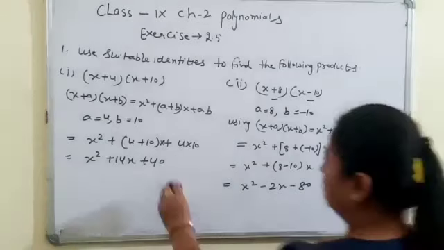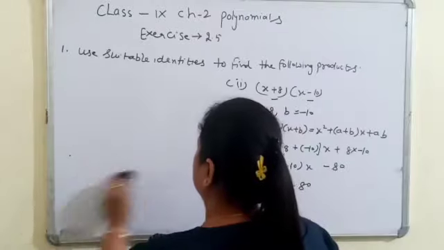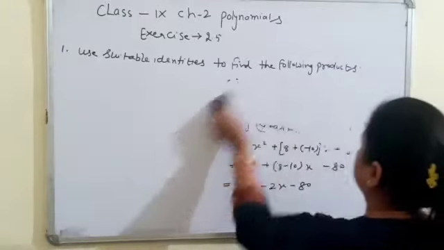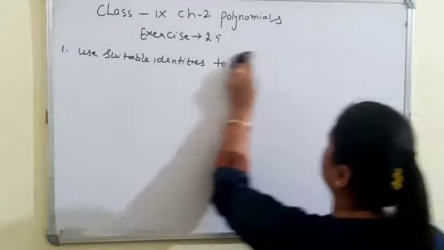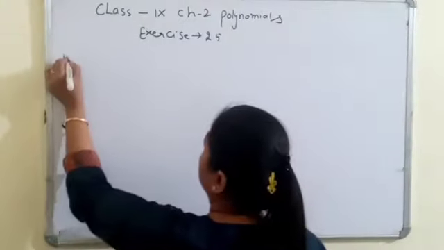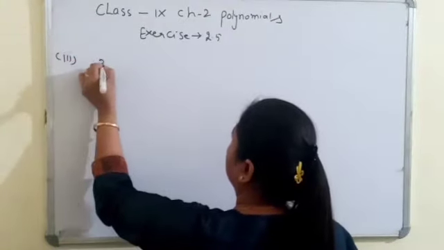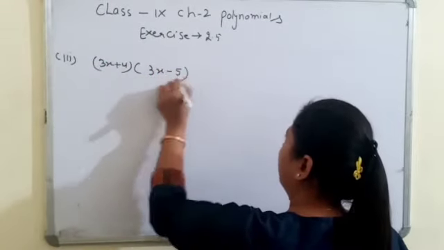Let's try to solve the third part. (3x plus 4)(3x minus 5).